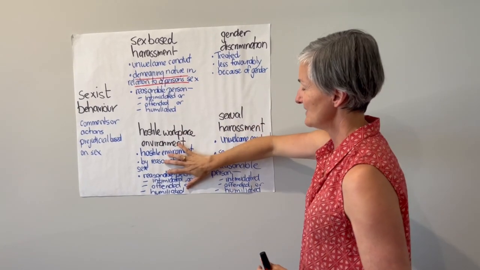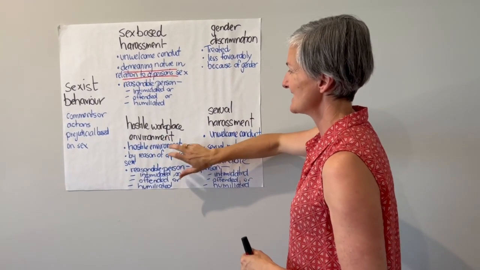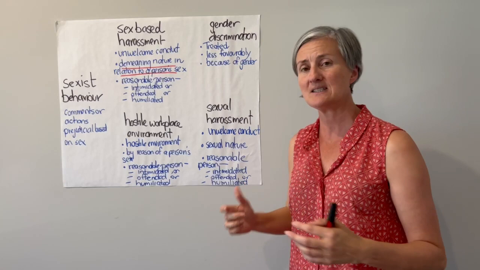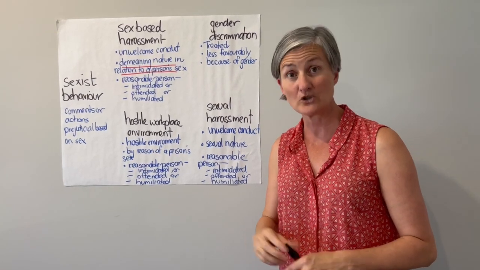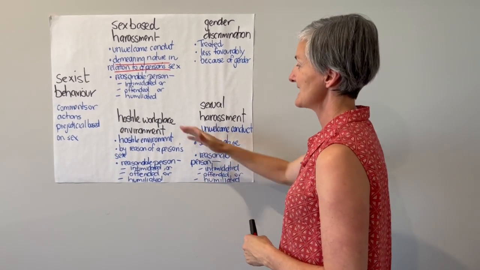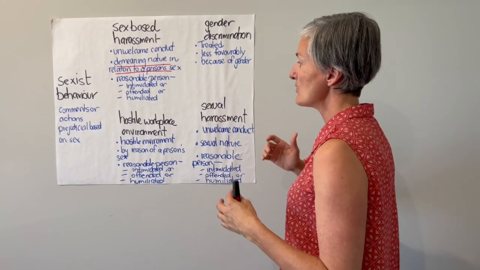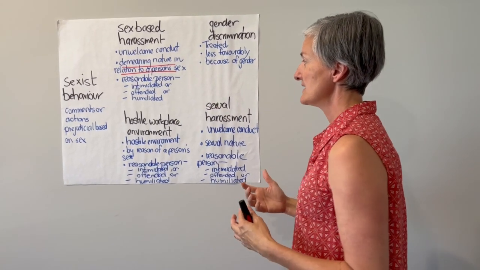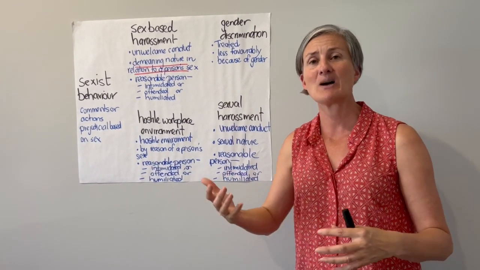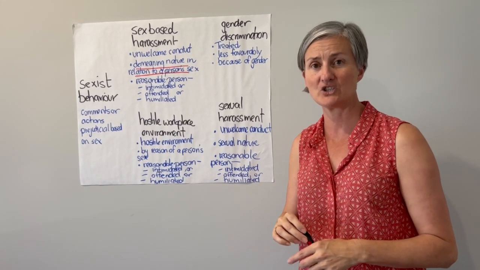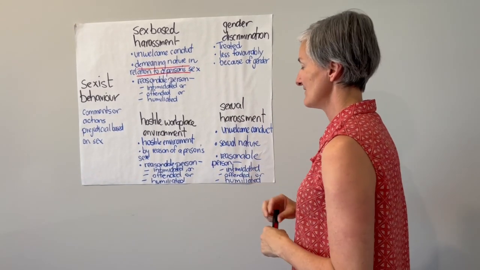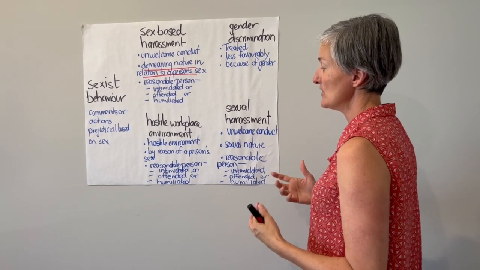What about this definition here though? So this definition has just come into effect in December 2022 in the Respect at Work Act. And it's called hostile workplace environment. So as the name suggests, part of the element of the definition is that a hostile environment is created at work.